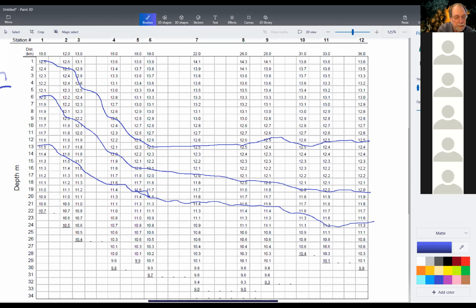Okay, next one would be 11. Something like that. The next one would be 10.5. Well, 10.5 doesn't show up here, but here it is. Here's 10.5.